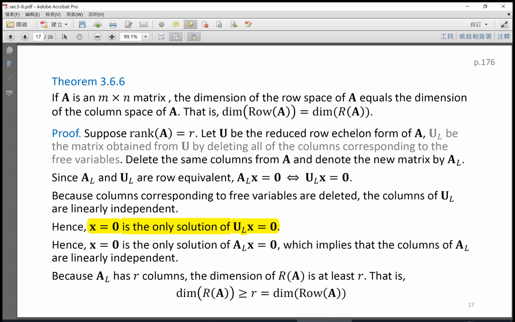And since ALX equals 0 and ULX equals 0 have the same solution set, therefore X equals 0 is the only solution to ALX equals 0. This in turn implies that the column vectors of AL are linearly independent.